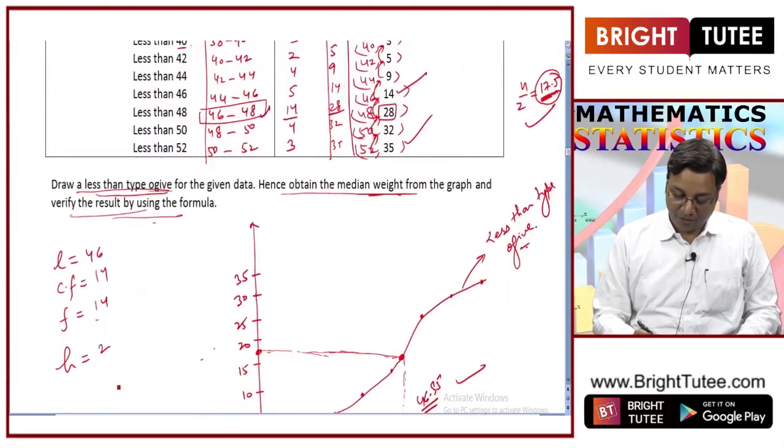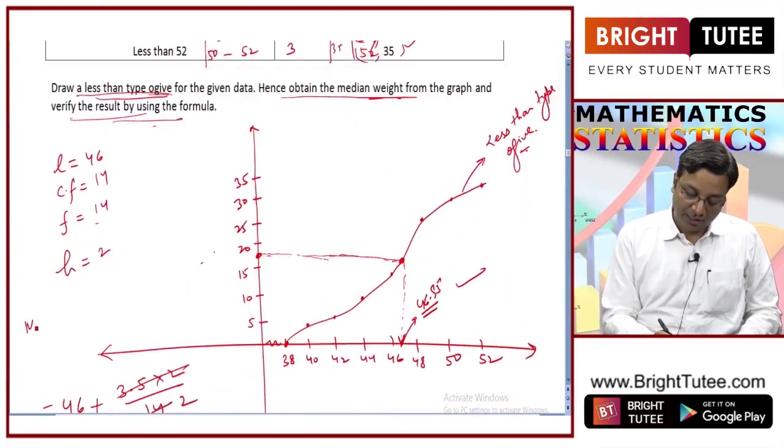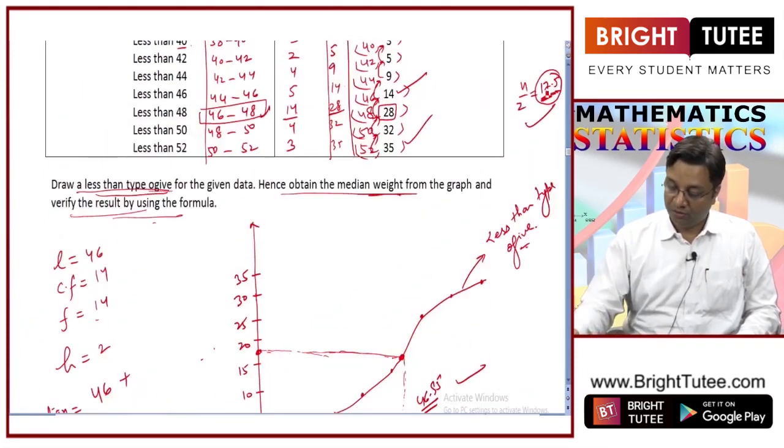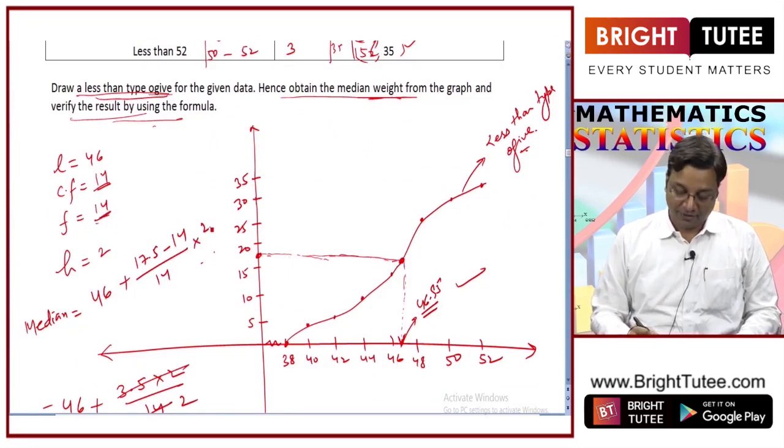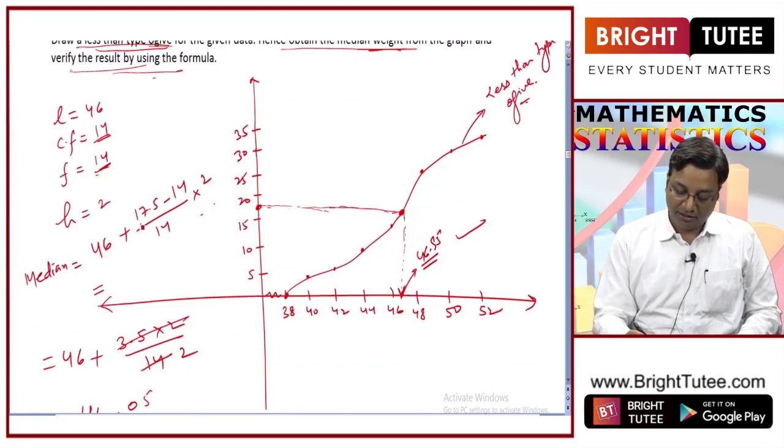Okay. What else do we require? To calculate median, it is L plus n by 2, that is 17.5, minus CF, that is 14, divided by F 14 into the class length. Okay. So, it is 3.5 into 2, 7 by 14, that is 1 by 2.